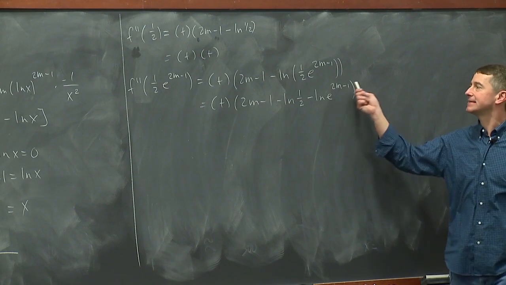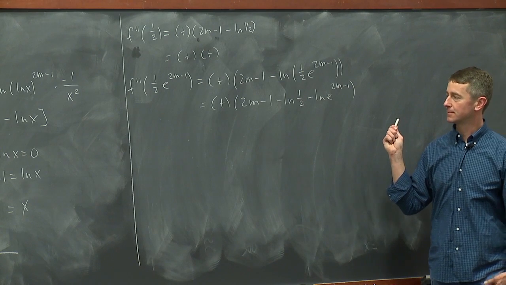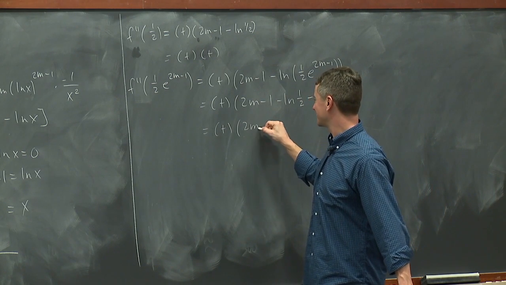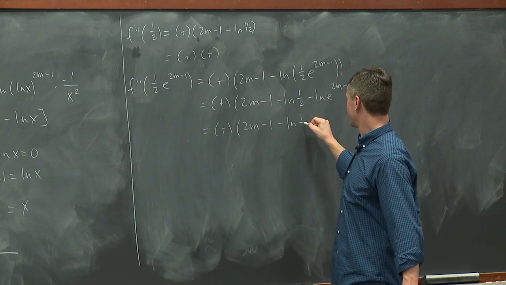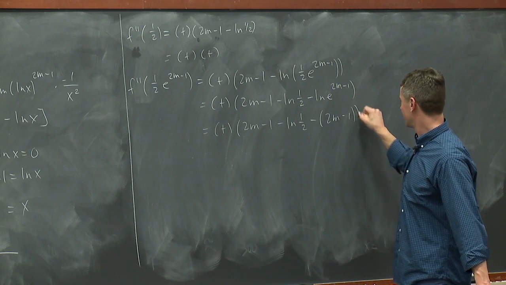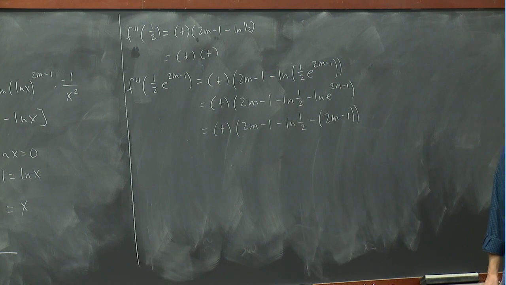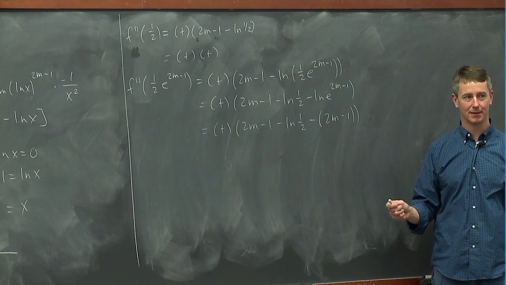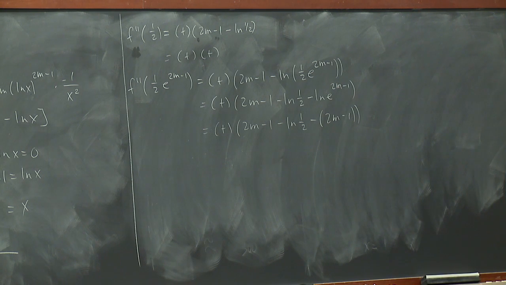But what is ln of e to the anything? The anything, right? They undo each other because they're inverses of each other. So this is like saying minus 2m minus 1. Right? ln of e to the 2m minus 1 is 2m minus 1. ln of e to the bananas is bananas. ln of e to the w is w.